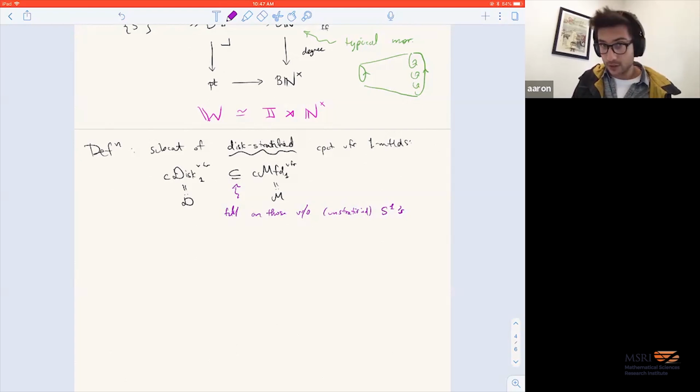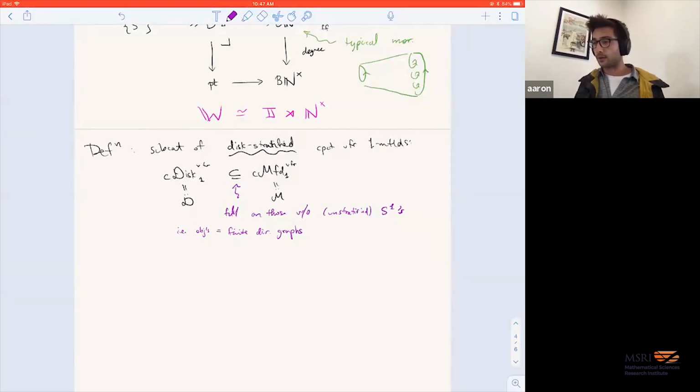In other words, the objects of curly D are just finite directed graphs. But the morphisms are still interesting. It's a full subcategory after all. So that allows me to make the following definition.